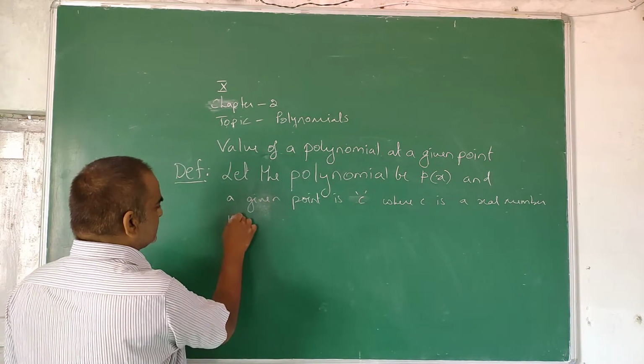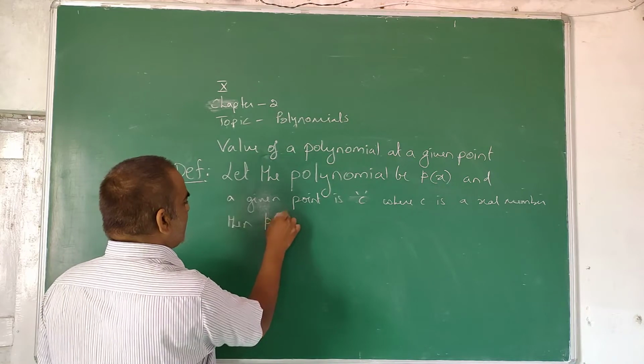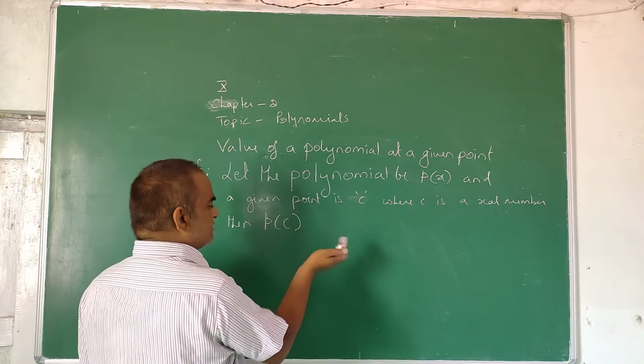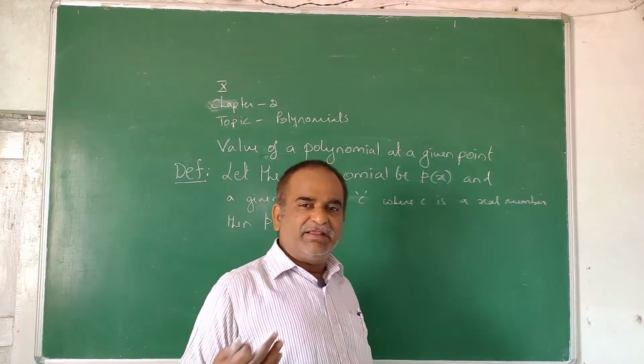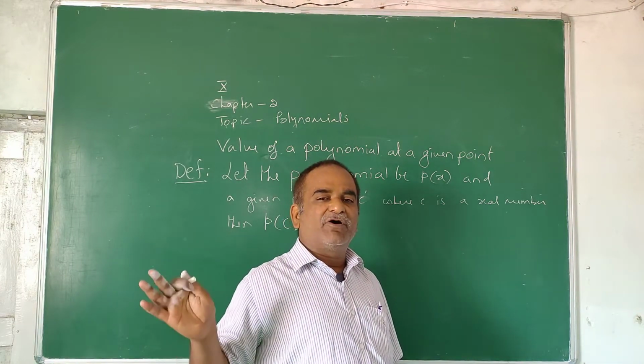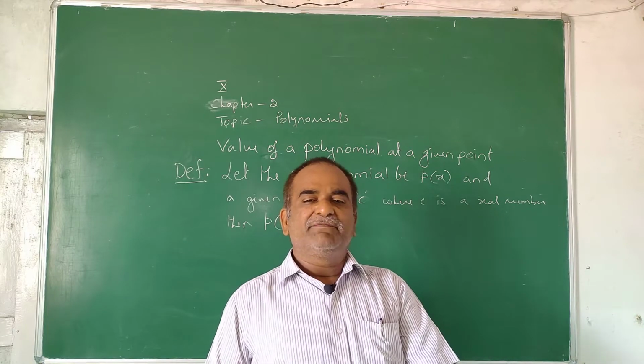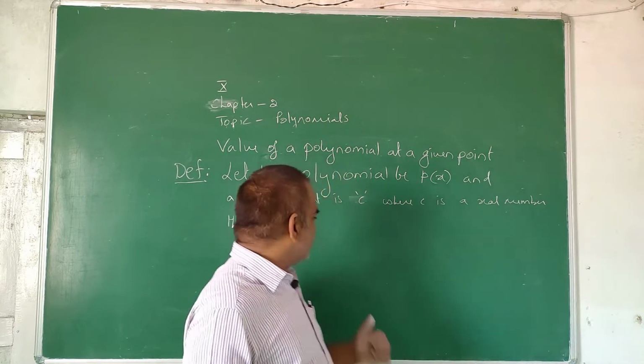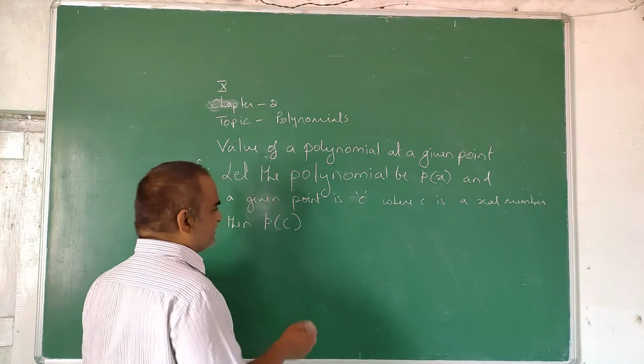Then p of c is known as, that means where x has to be replaced with c throughout the polynomial. Throughout the given polynomial, if x is replaced with c, what you get is denoted by p of c.